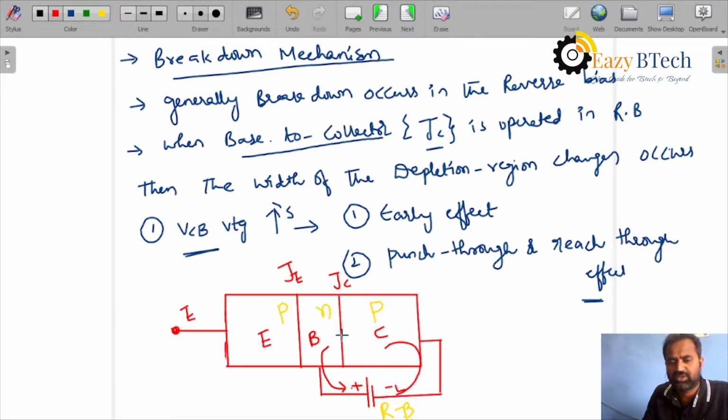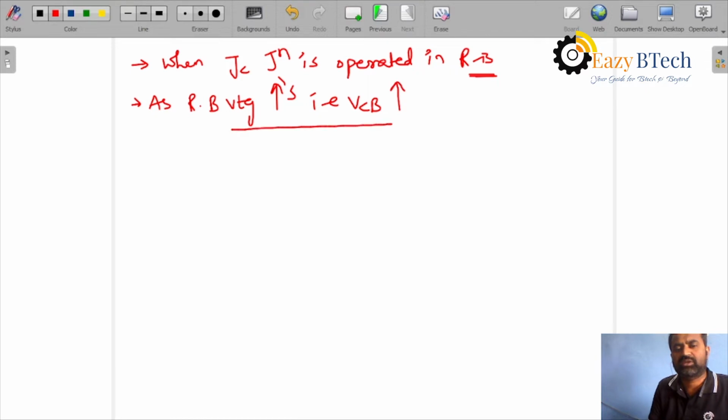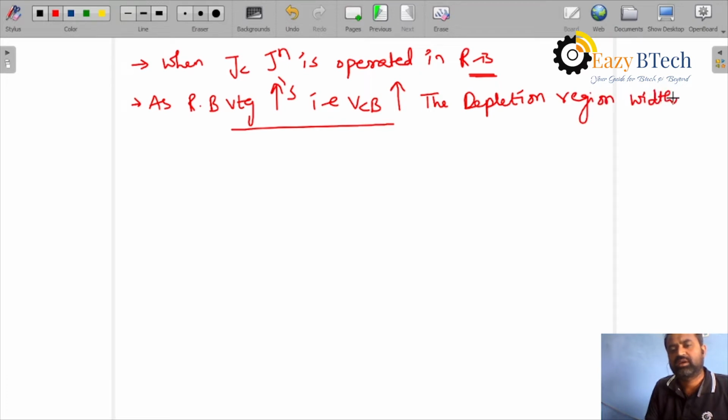The width of the depletion region increases as the reverse bias voltage increases, that is, as VCB increases, the depletion region width increases.